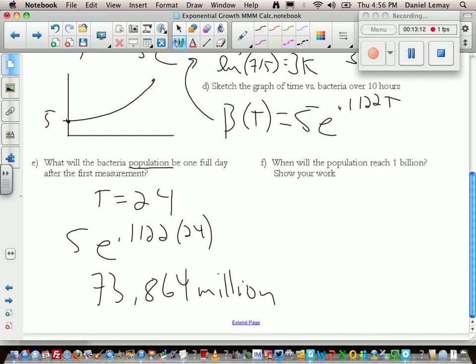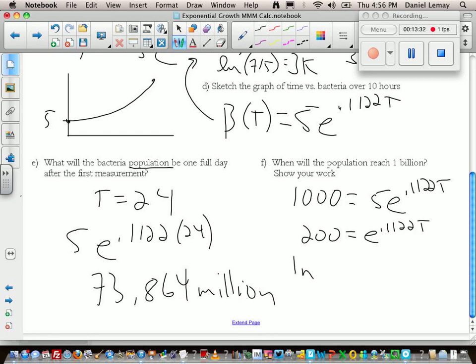Alright, when will it reach a billion? Well, this is just algebra again. A billion is 1,000 million. Alright, so divide both sides by 5. Take the natural log of both sides. Then divide both sides of this by 0.1122.